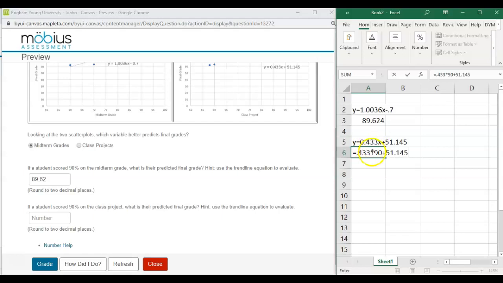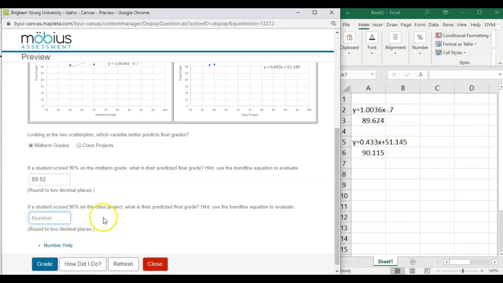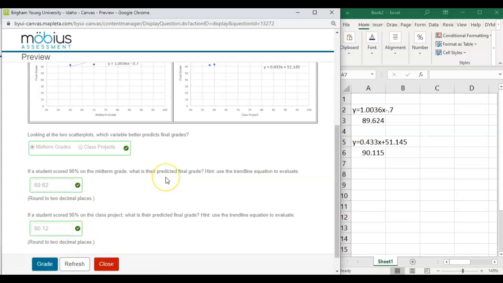Double check all of my numbers, make sure I didn't do any typos, press enter, and that gives us our predicted final grade for the class project, 90.11, actually 12, because the 5 rounds the 1 up to a 2. Just verify everything looks good, and then we can look at how did I do, verify our green check marks, looks good, and we can move to the next problem.